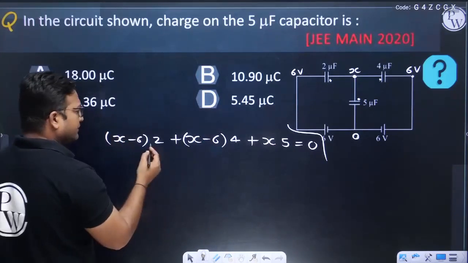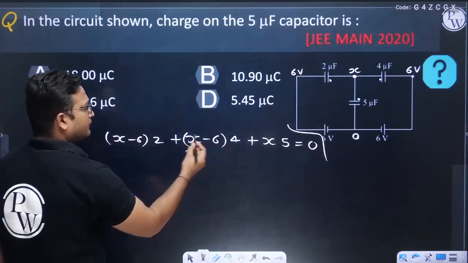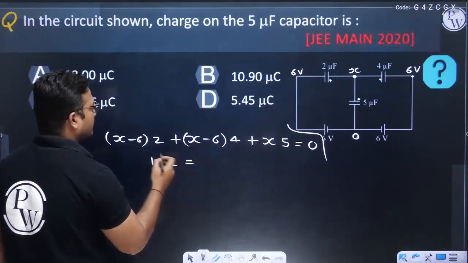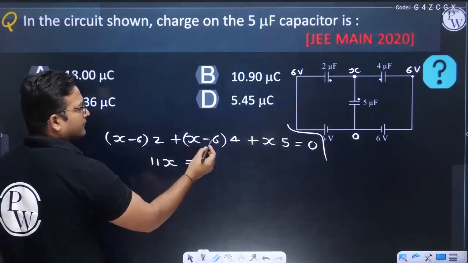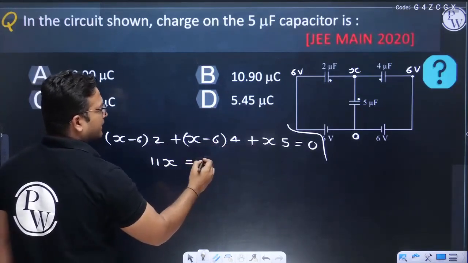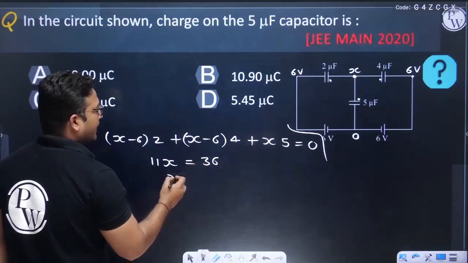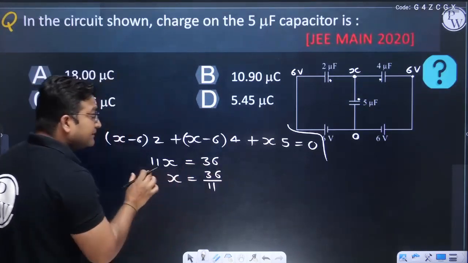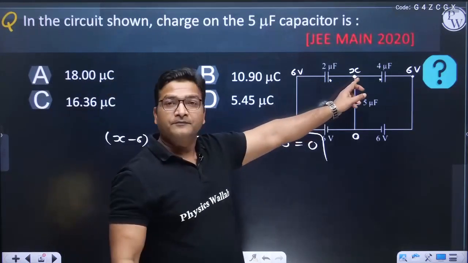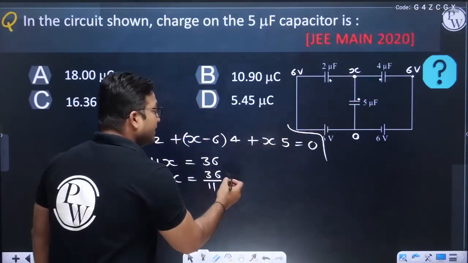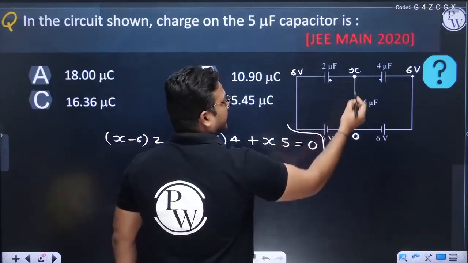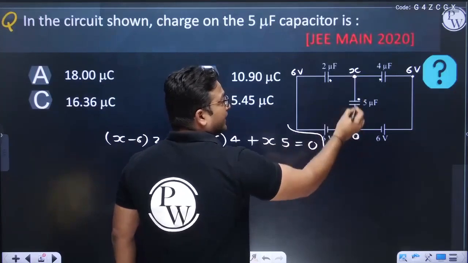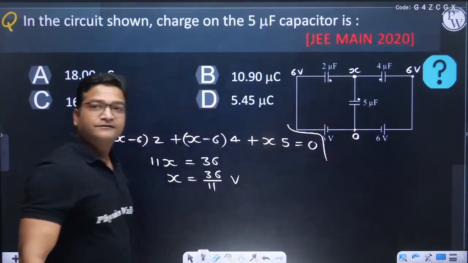And let us solve this. 2x, 4x, 5x, that is 11x equals 12 plus 24, that is 36. So x equals 36 divided by 11. This is the potential at this point. If you know the potential at this point, x, and here we have potential 0, the potential difference across the 5 microfarad is actually x.